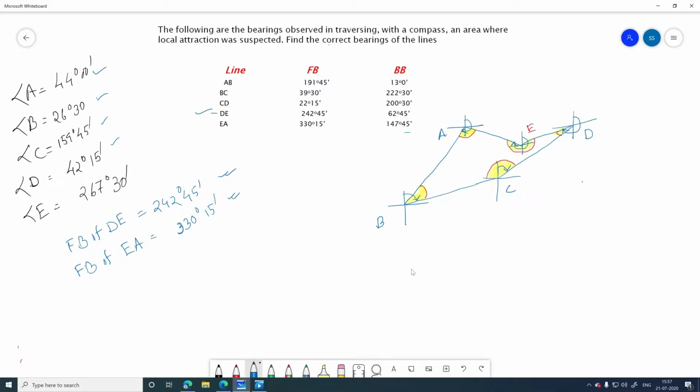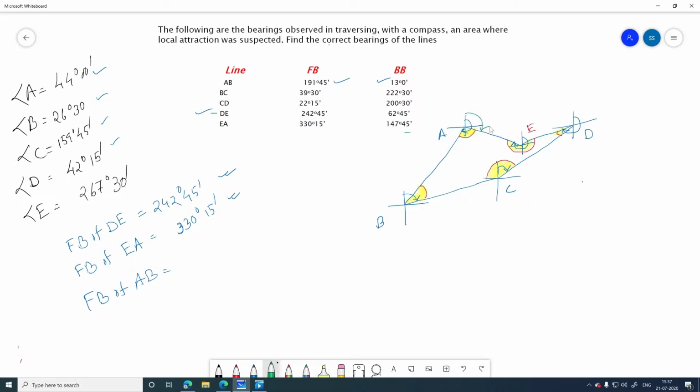Now we need to correct the forebearing of AB, because you can see that for this particular line, the forebearing and back bearing difference is not exactly 180 degrees. So we need to correct that, right? So what will be the forebearing of AB?